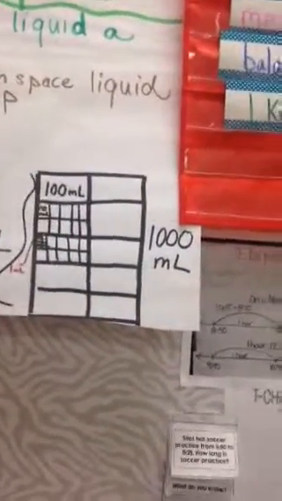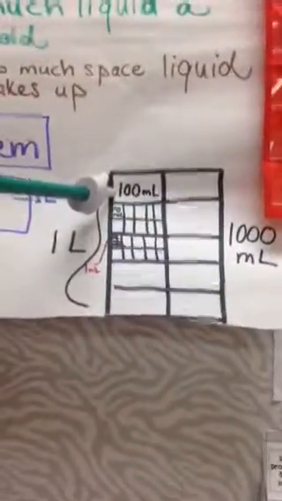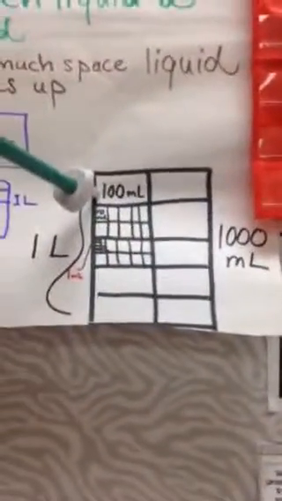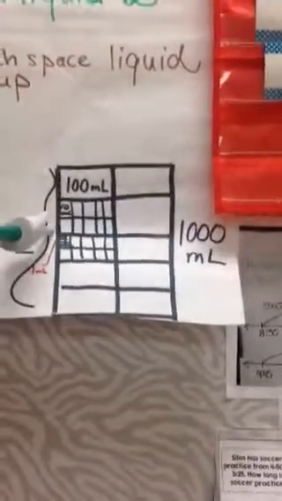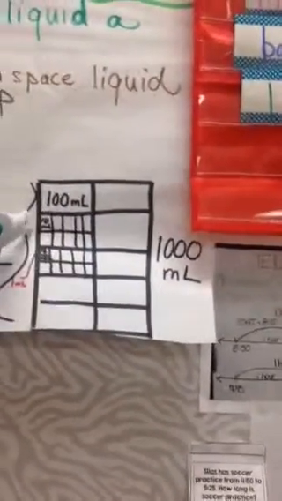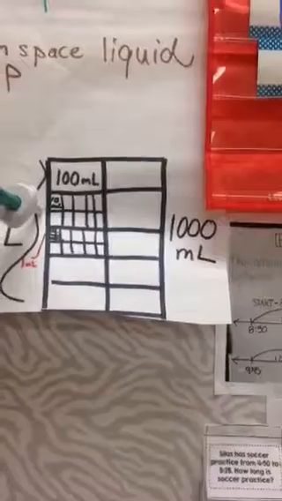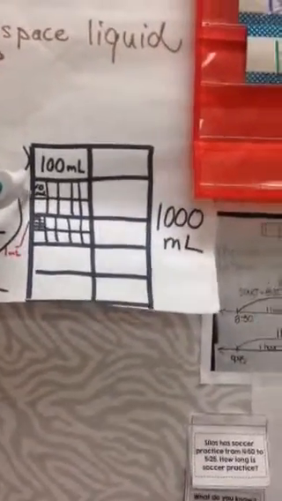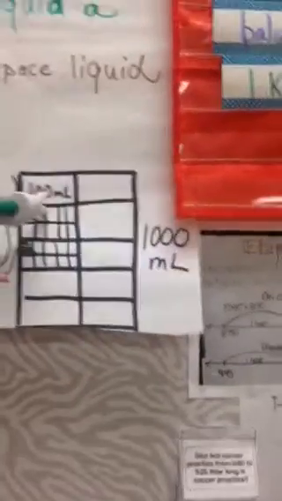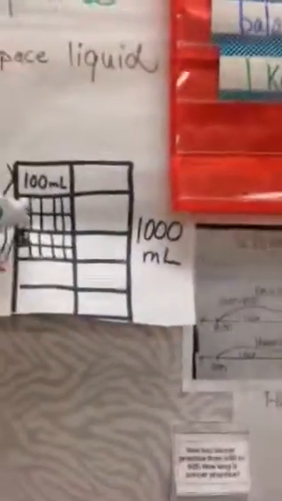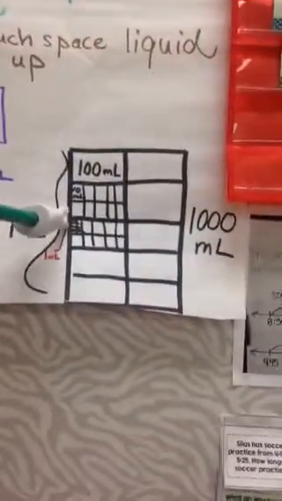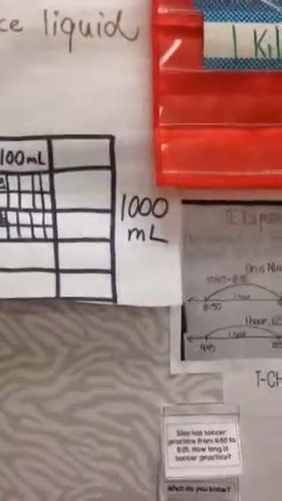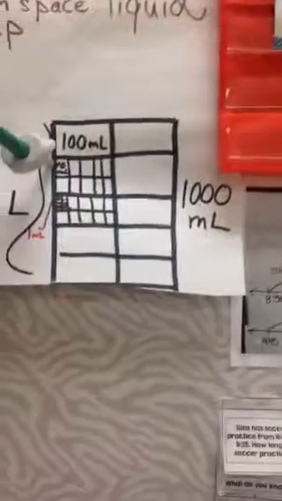Then they asked us to decompose even further. They said, okay, if you decomposed 100 milliliters into 10 equal groups, what would that be? So then we did it. We used a 10 frame here. We said 100 milliliters divided by 10 equal groups is going to give you 10 milliliters in each of those groups. Finally, they wanted us to know how many milliliters are in 10 milliliters.